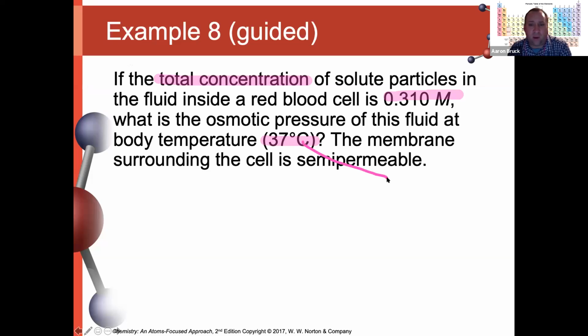And we have a 37-degree temperature, which is normal body temperature. Now, remember, this has to be converted into Kelvin before we can use it. So there's a couple of calculations that we need to do. First of all, temperature needs to be 37 plus 273. This is our Kelvin, so this is going to be 310 Kelvin.